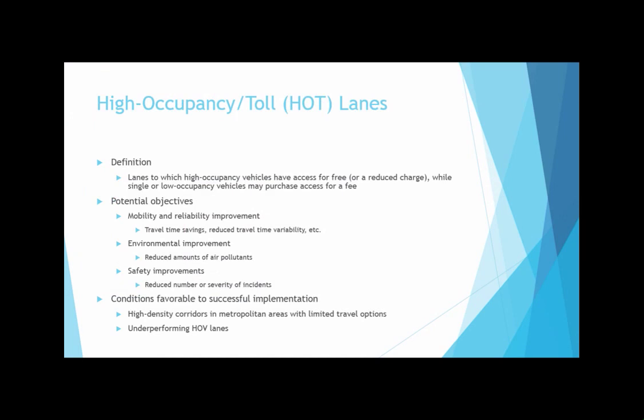And the underperforming HOV lanes can either be underutilized, in which case converting the existing lanes to HOT lanes can increase their performance by increasing traffic volumes on the lanes, or they can be underperforming in that there's too much demand for the HOV lane itself, in which case you might add another lane, but the HOV demand itself might not warrant the other lane, so adding a lane and converting both to HOT lanes is a potential option in that case.